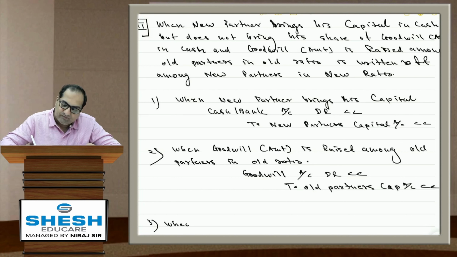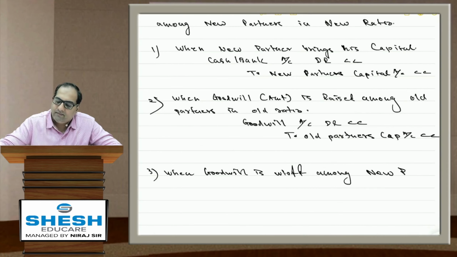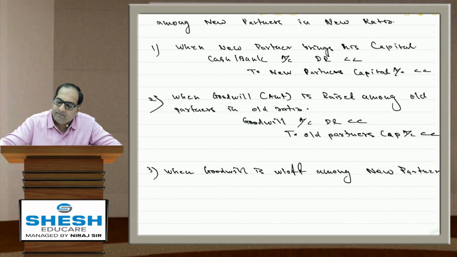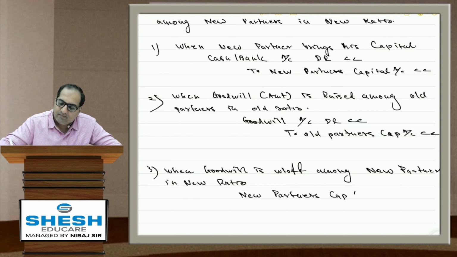So when goodwill amount is written off among new partners in new ratio, my entry will be new partners capital account debit to goodwill account.